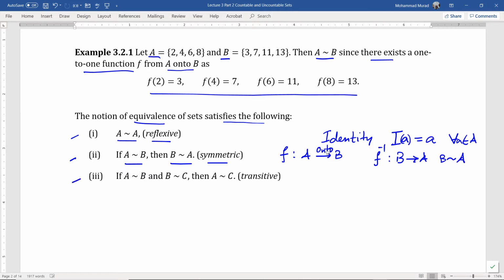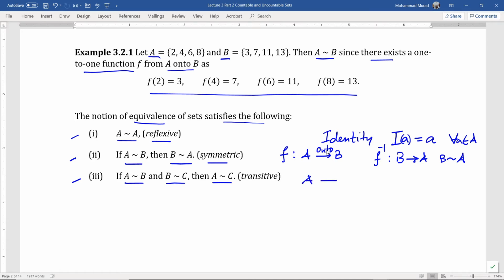Property 3. If a set A is equivalent to the set B and the set B is equivalent to the set C, then the set A is equivalent to the set C. This property is called the transitive property. So we can illustrate with the following diagram.